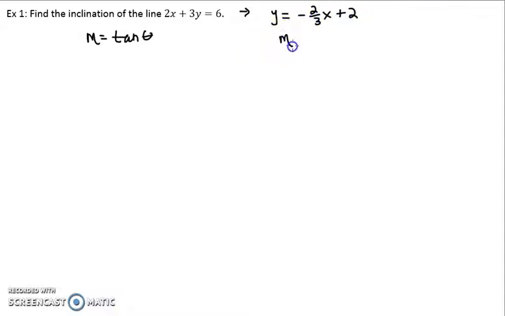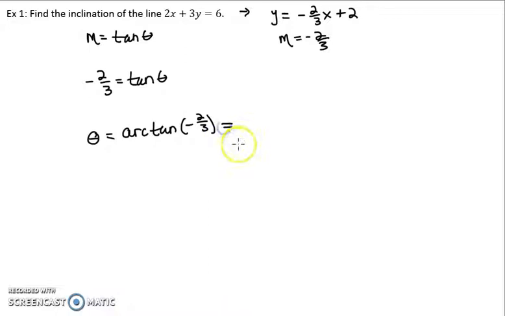So we know the slope is going to be negative 2/3. So if we take negative 2/3, plug it in here into our equation, we can say negative 2/3 is equal to tangent of theta. Now, I don't care about the tangent of theta. I want theta. I want to know what the inclination is. So theta is going to be equal to the arctangent of negative 2/3.